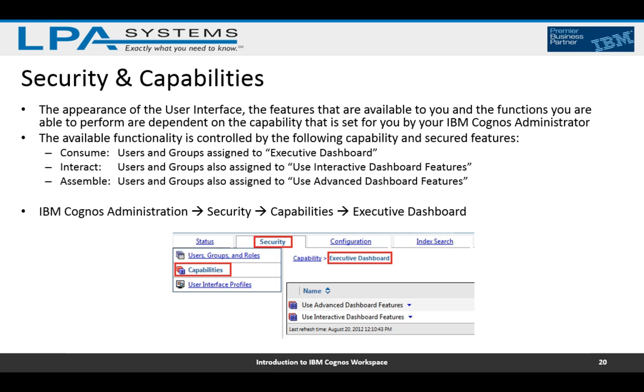So I can add, delete, and adjust widgets. Enabling this is not something that you as a user would be able to do. You'll need to involve your Cognos administrator and have him or her update the capabilities from the administration panel inside of Cognos.